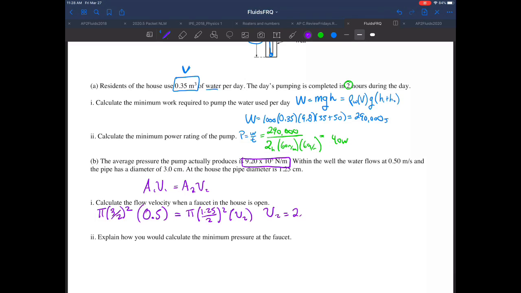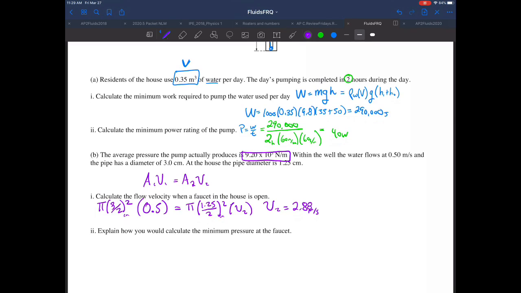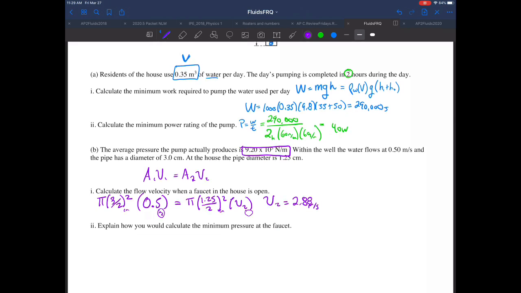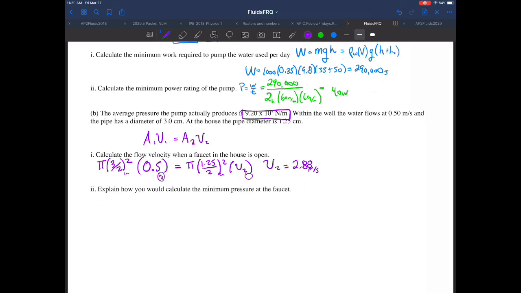V2 comes out to be 2.8 meters per second, or 2.88, I guess, depending on your rounding. Okay, so just like a heads up there, your units for your radius of centimeters get canceled out over here, one on each side, and so you're left with whatever units this number comes in, this unit will come out in the end.